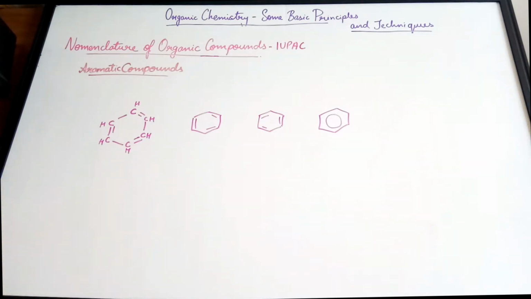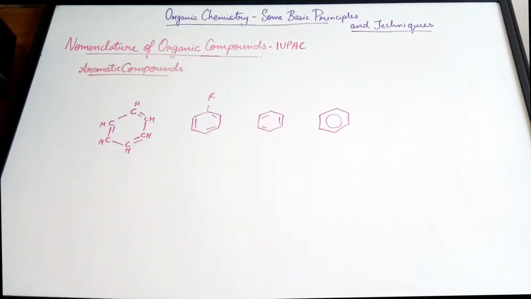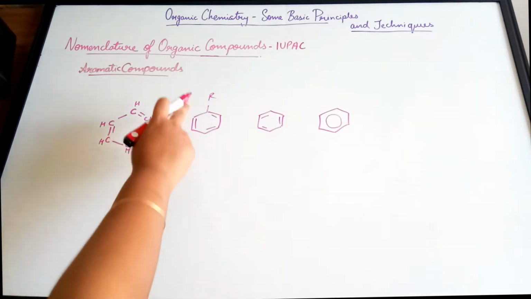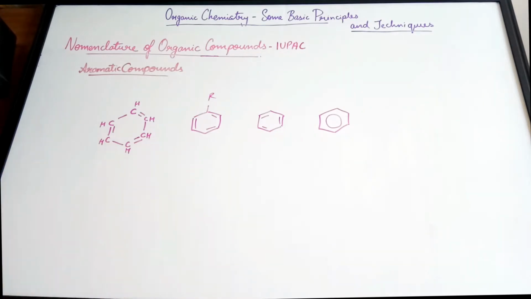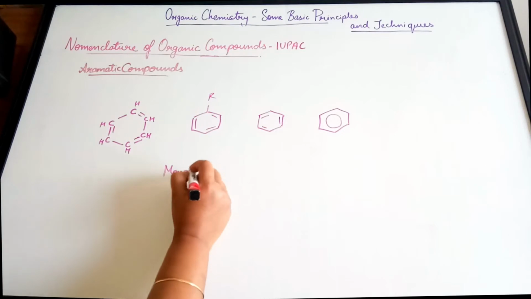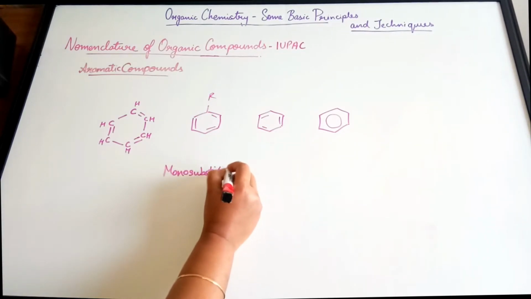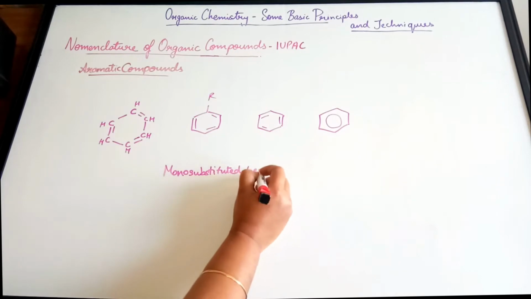So generally the benzene ring will have a side chain, and this side chain can be an alkyl group or any other aliphatic group which has one carbon atom attached to the nucleus. When there is only one side chain or one substituent present, it's called monosubstituted benzene.